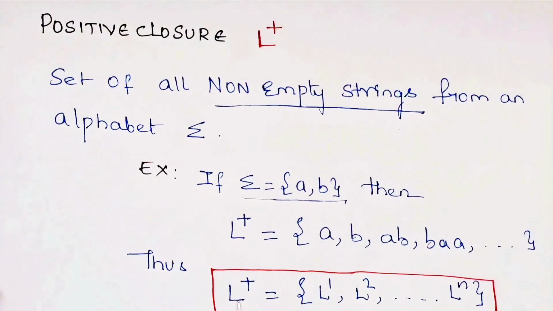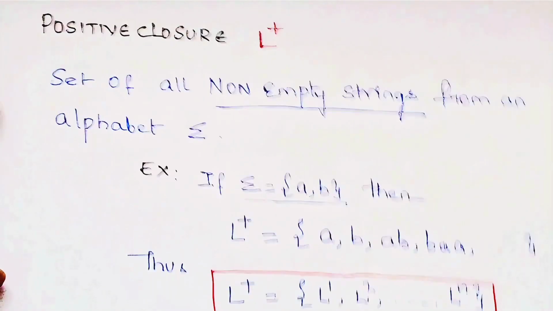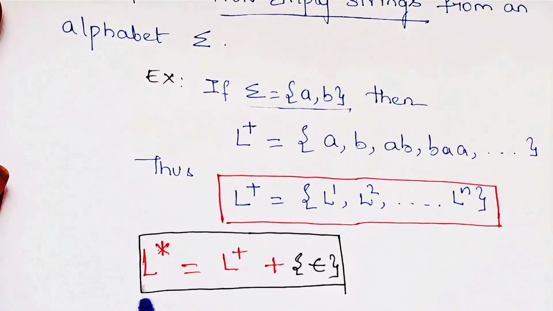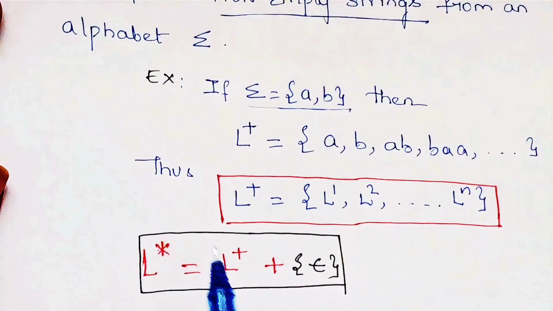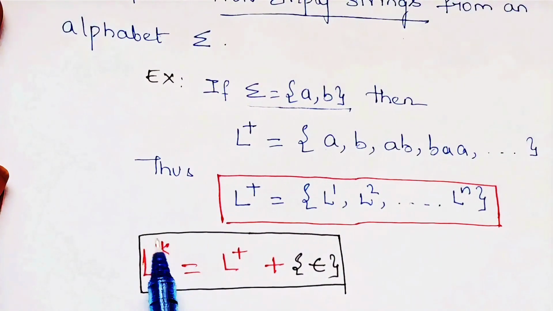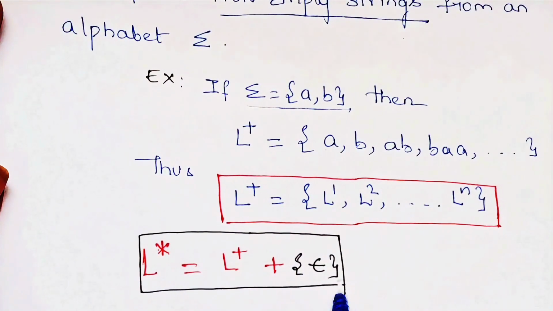Thus we can write L power plus as the collection of L power 1, the strings of length 1, L power 2, the strings of length 2, and so on till L power n, the strings of length n. Thus, we can relate the two closure properties: the Kleene closure L star is given by the positive closure L plus the empty string epsilon. It means in the Kleene closure property, we include epsilon in the positive closure property.